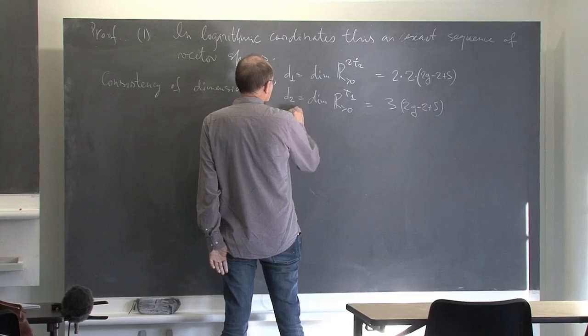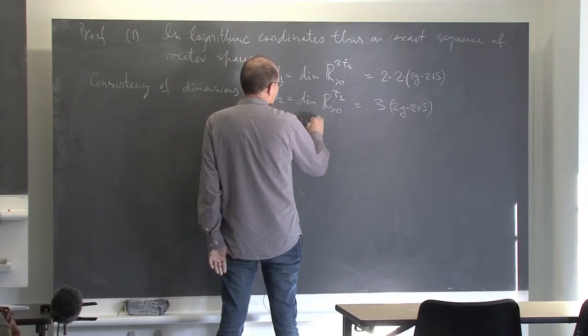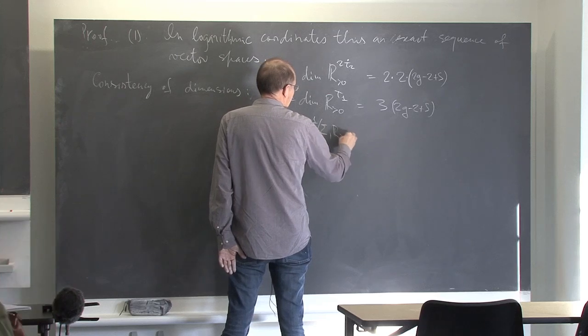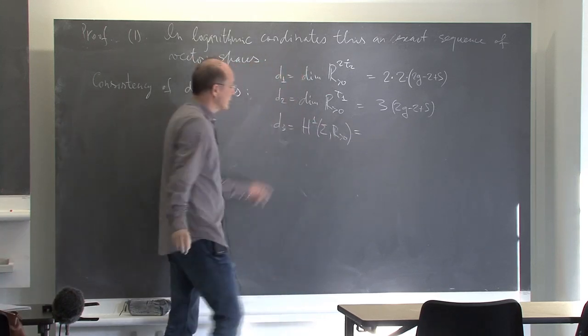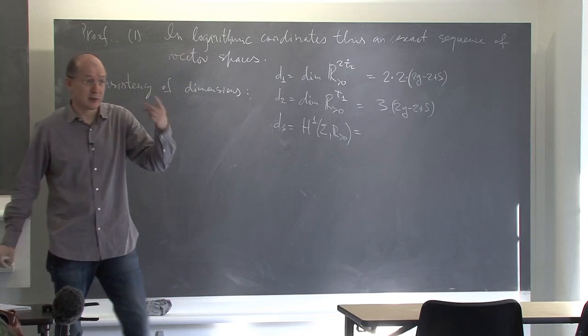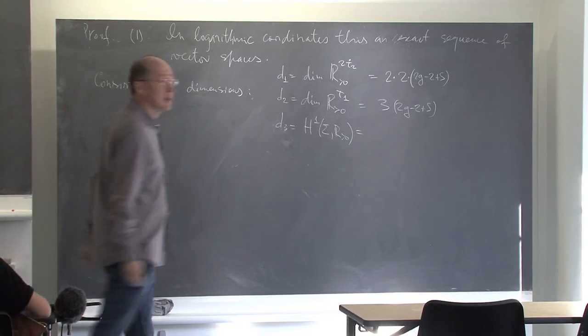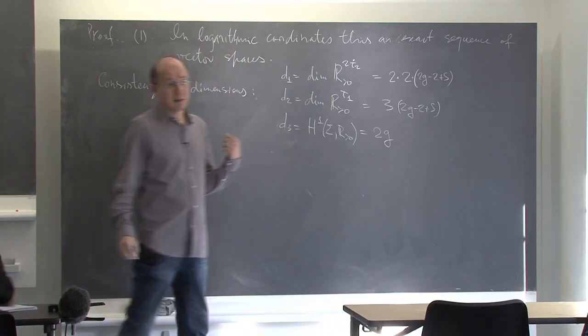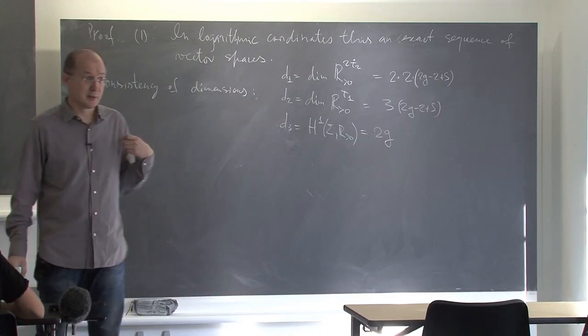Okay, and finally, the dimension of H1. So how do we count this? So of course we count the part coming from the genus. So it is twice G. Then we add the part coming from the punctures.